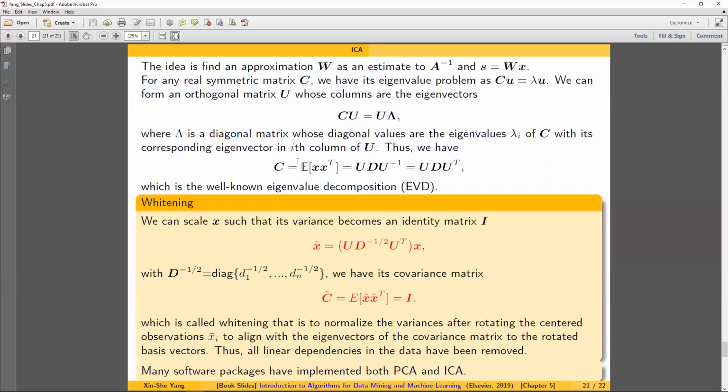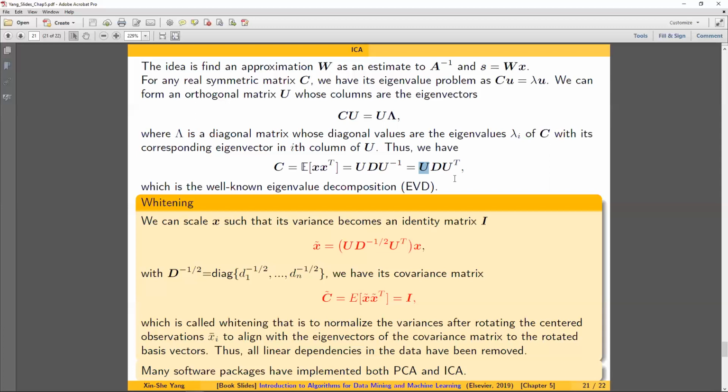And then C is equal to U times D times U transpose. D is the diagonal matrix of eigenvalues, and U is the eigenvectors. This is also called eigenvalue decomposition, EVD.